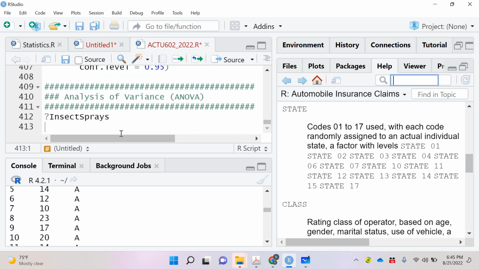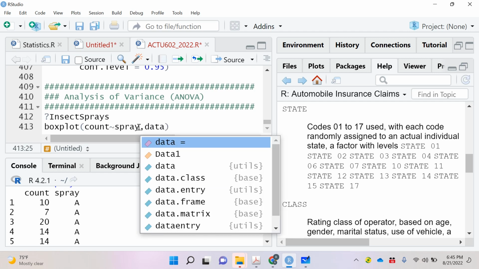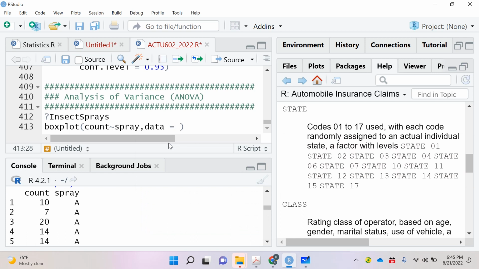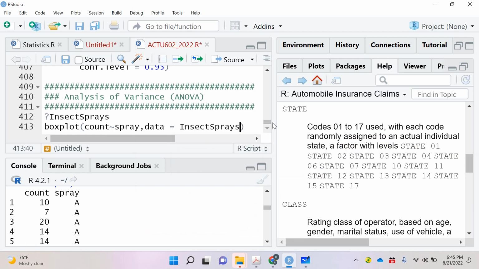All right. If you look at it, it says count and spray. So I'll do a box plot of count on spray, and my data is equal to InsectSprays.